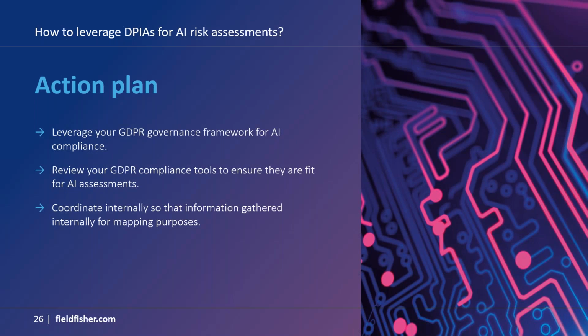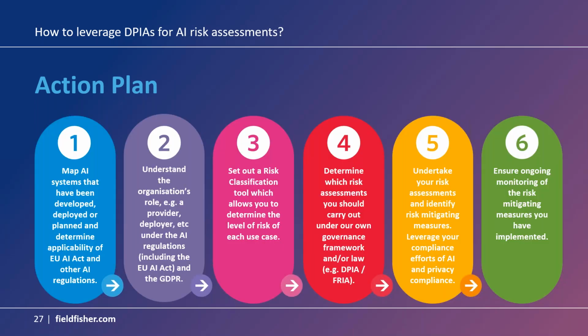So what AI systems and tools are being used, so that you can really understand to what extent you need to consider risk. And to that end, I think it's worth having a look at this 6-point plan.